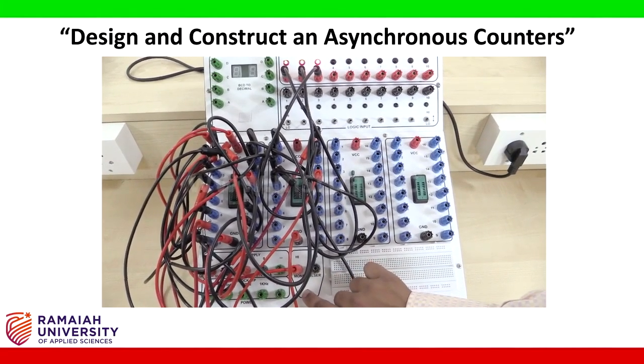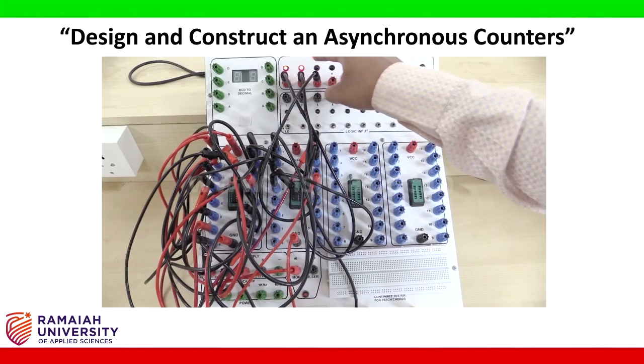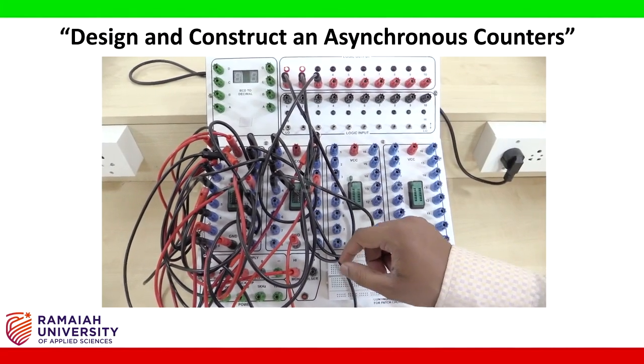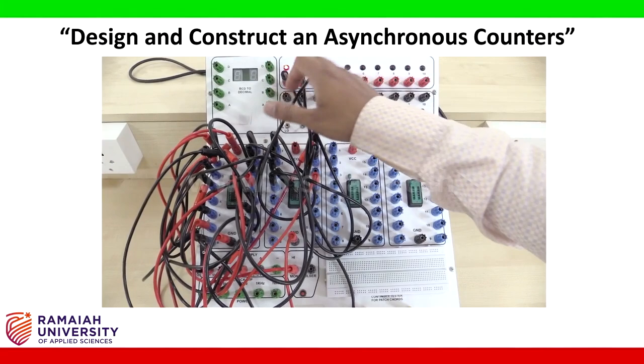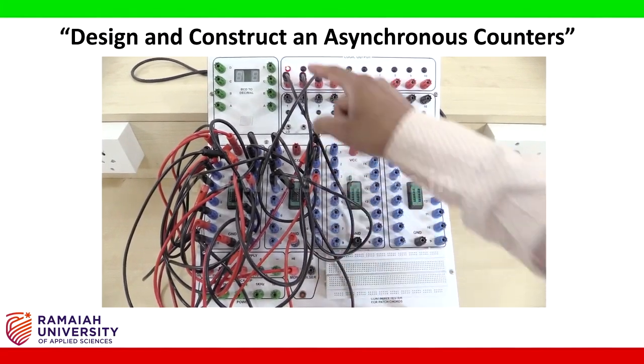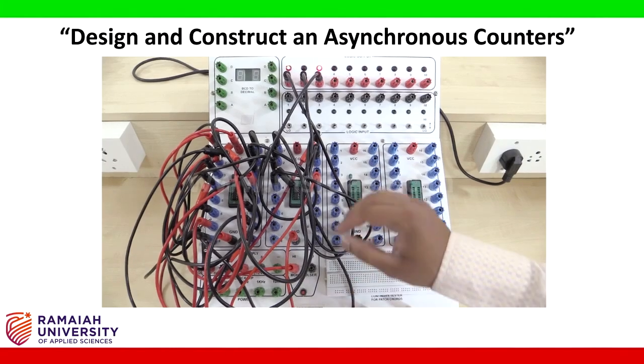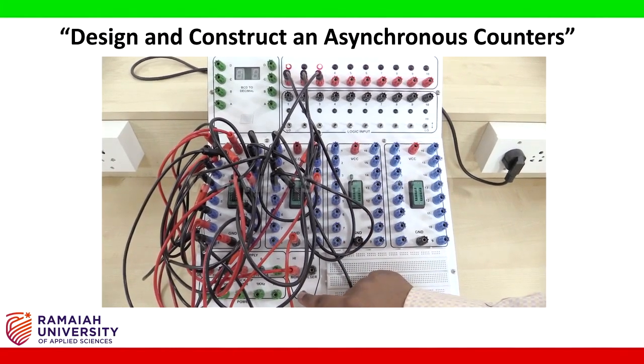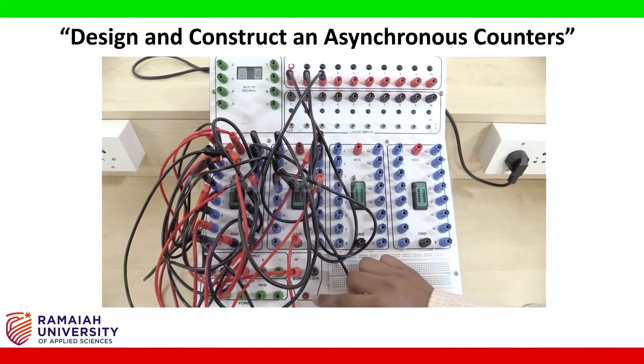I am giving the clock pulse. You can see the output has decreased by one number from 7 to 6, that is 1 1 0. For the next clock pulse it should decrease by one number again. So it has decreased by another one number. For the next clock pulse again it has become 4.